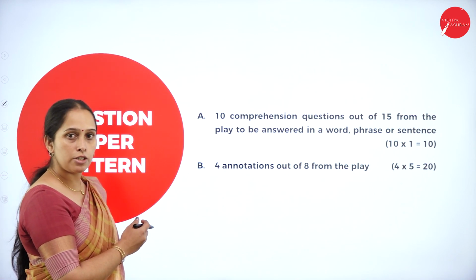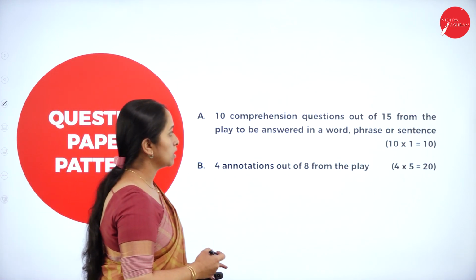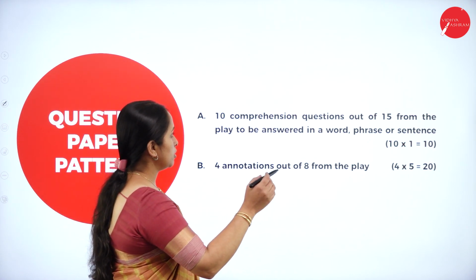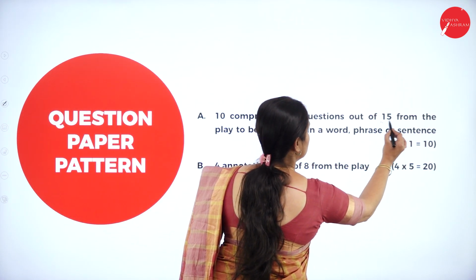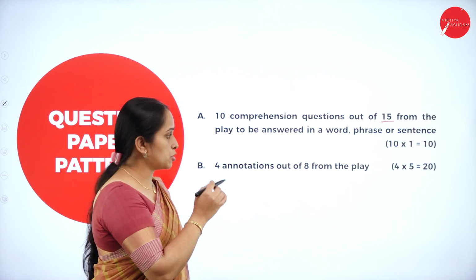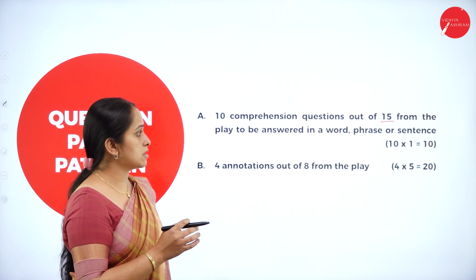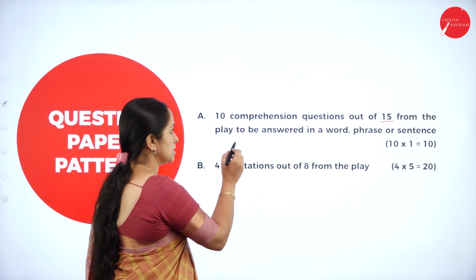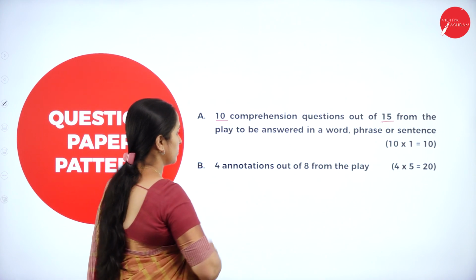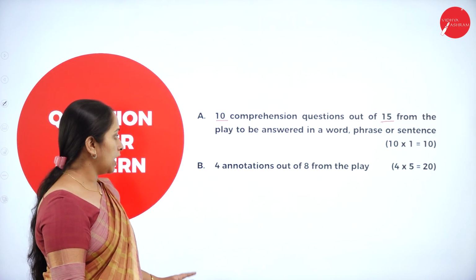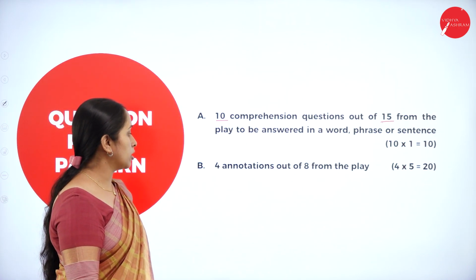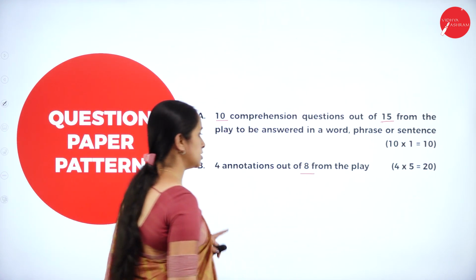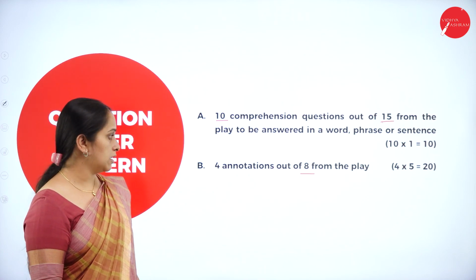So now let's look into the question paper pattern. In section A, 15 questions will be given to you from the play to be answered in a word, phrase or sentence. Out of 15, you have to answer 10 questions. Again, in the next section, they will ask 8 annotations from the play.